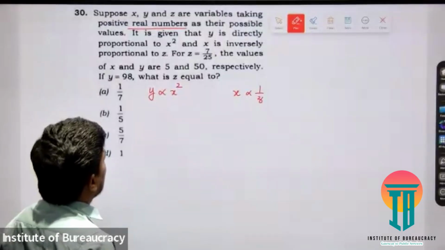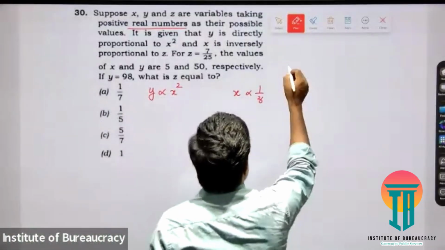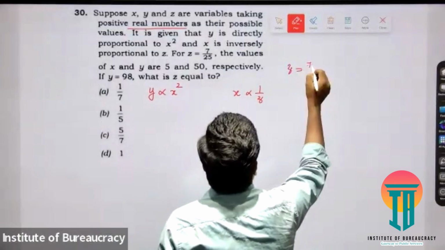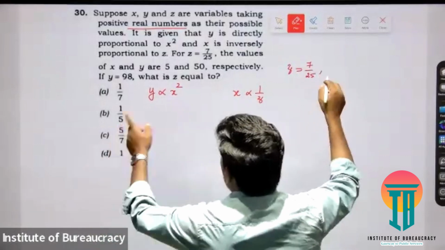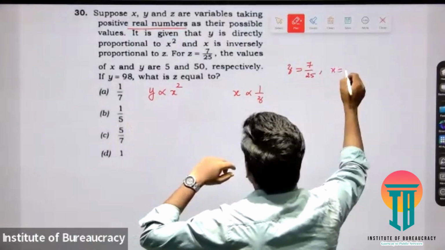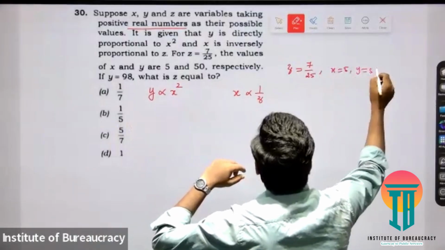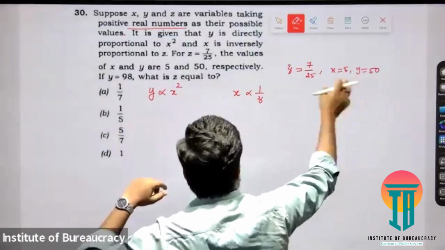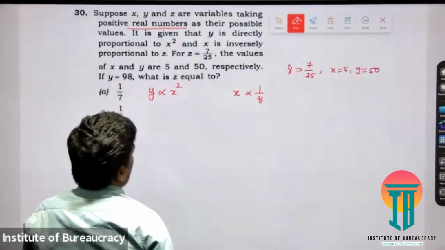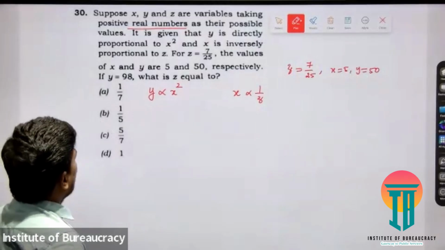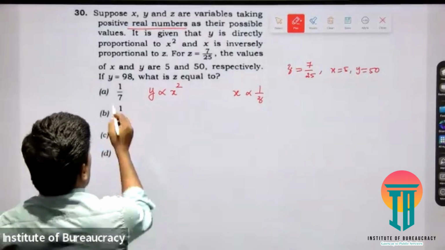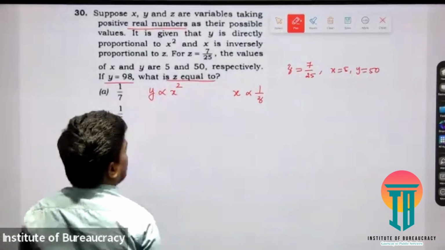When your z value is 7 by 25, the values of x and y are x is going to be 5 and y is going to be 50. So x is 5, y is 50, z value is 7 by 25, they are given respectively. If y is equal to 98, what is the value of z they are asking?